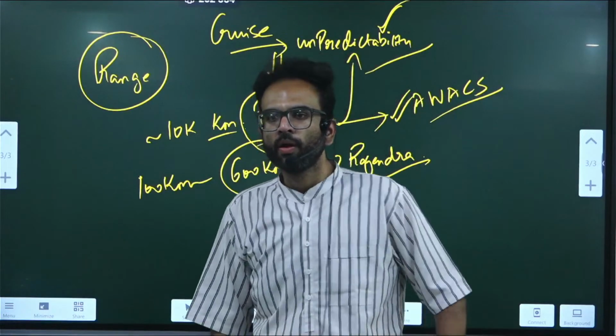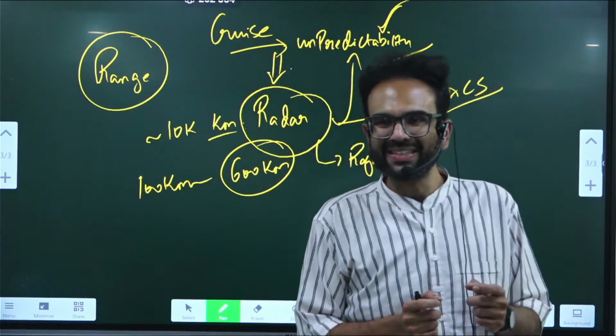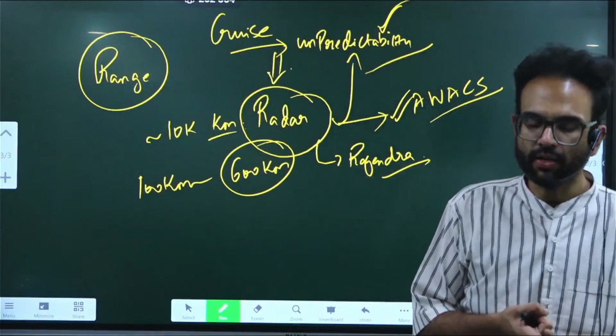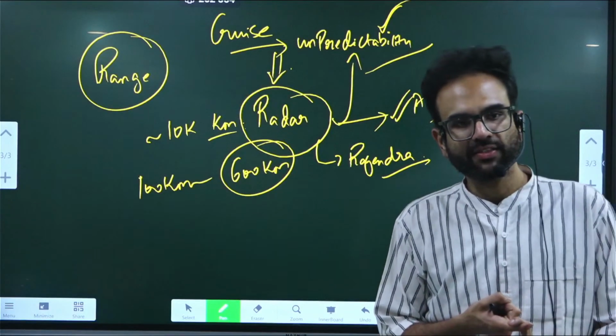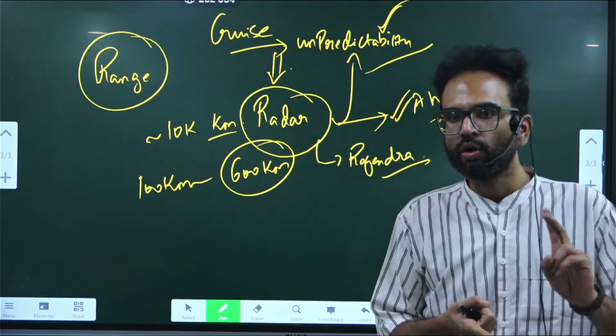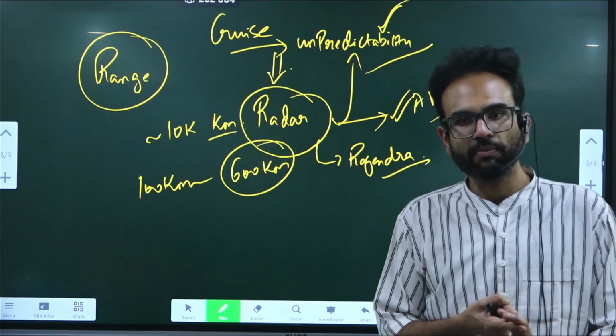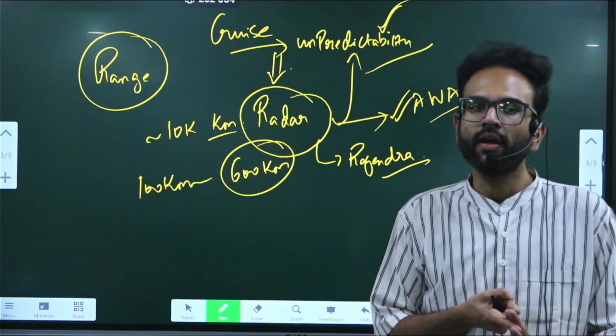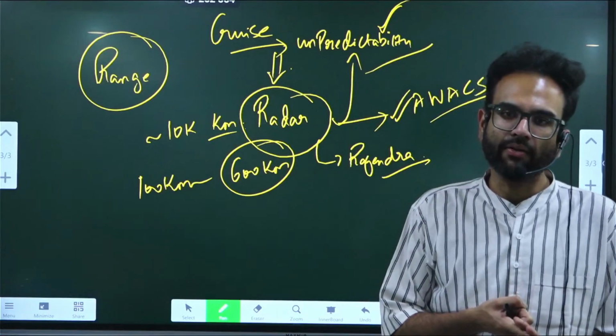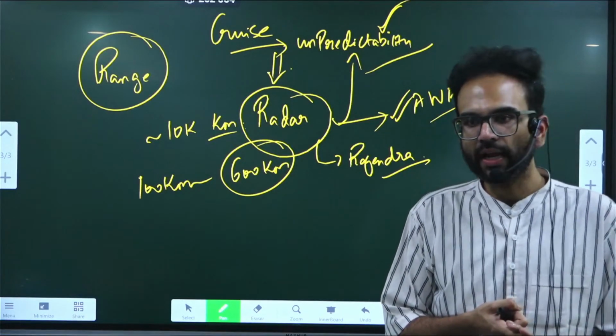So a missile and its lethality will depend on one, the distance from which it can be fired, two, the speed at which it can travel, three, the amount of control we will have on guiding it at the target.